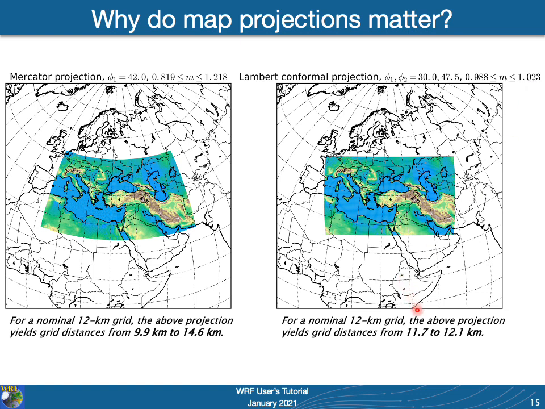This means that our geographic grid distances for a 12-kilometer nominal grid distance go from about 11.7 kilometers to 12.1 kilometers. So both of these domains cover roughly the same geographic area, but by simply choosing a different map projection that's better suited for mid-latitudes, we can get much less scale distortion in our model domain.